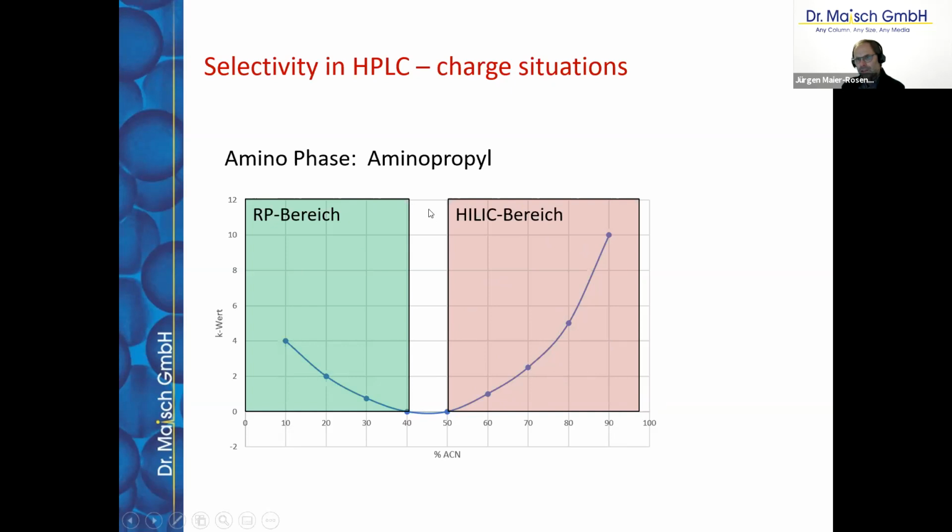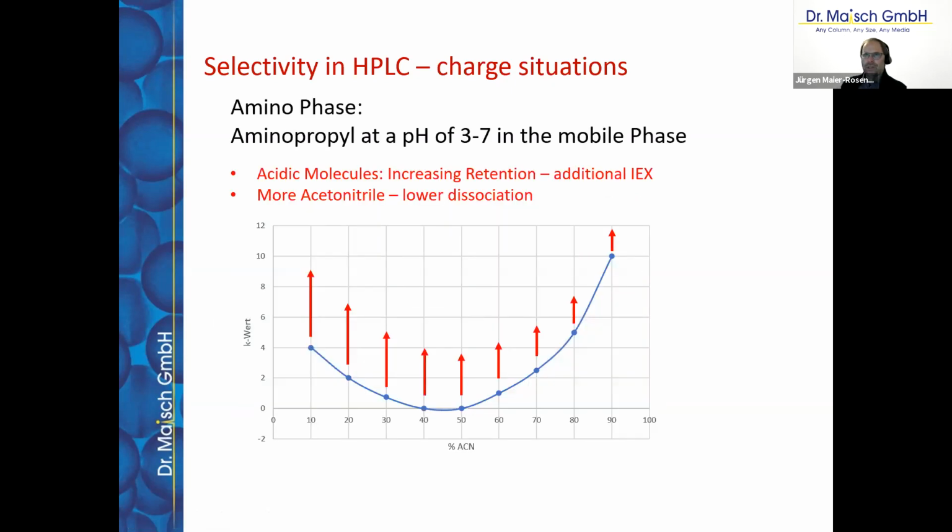Besides this knowledge about the hydrophobicity of the phases, it's also important to have a full overview of the charge situation. If we have on the aminopropyl phase a pH of 3 to 7, then the amino phase is completely charged, and so the behavior of the aminopropyl phase is like a strong anion exchanger.